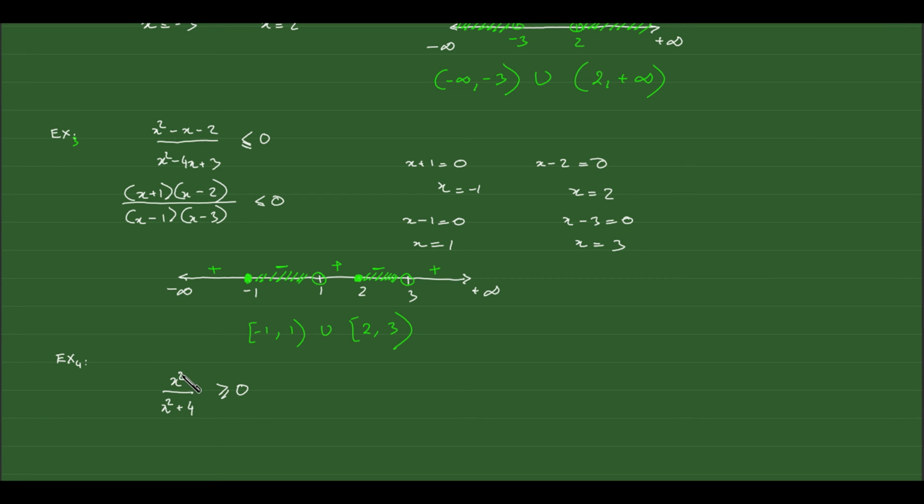So the top is positive, and you divide by a positive number, so it's always greater than 0. This is a fact, true all the time. And if it's true always, the answer will be negative infinity to positive infinity, because it's true all the time.